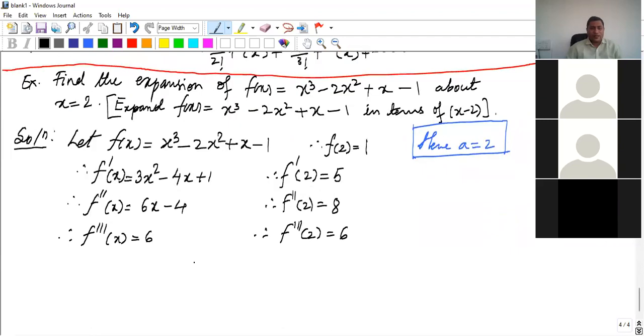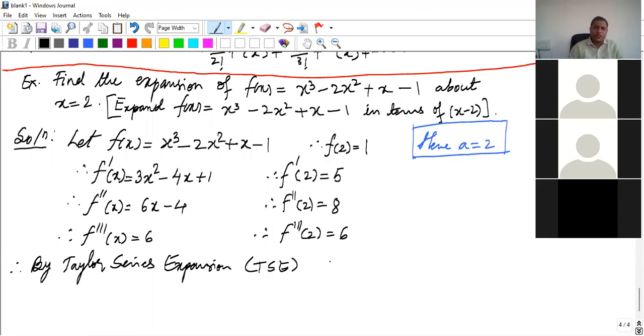Let us see. We have to write the formula first. So by Taylor series expansion, this is a standard abbreviation, so you can use it. There is no other meaning of TSE; it is always Taylor series expansion.